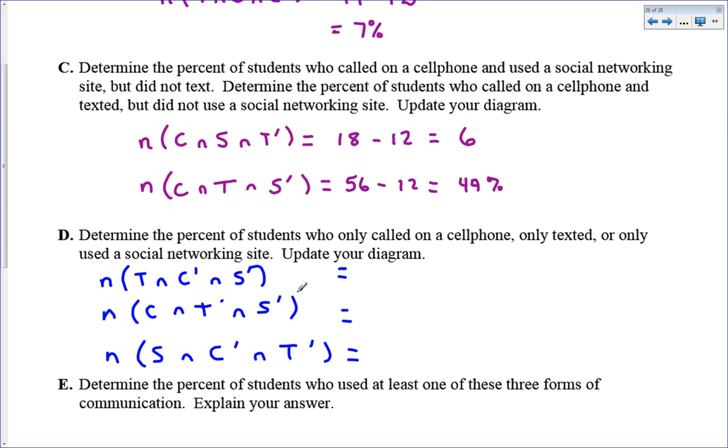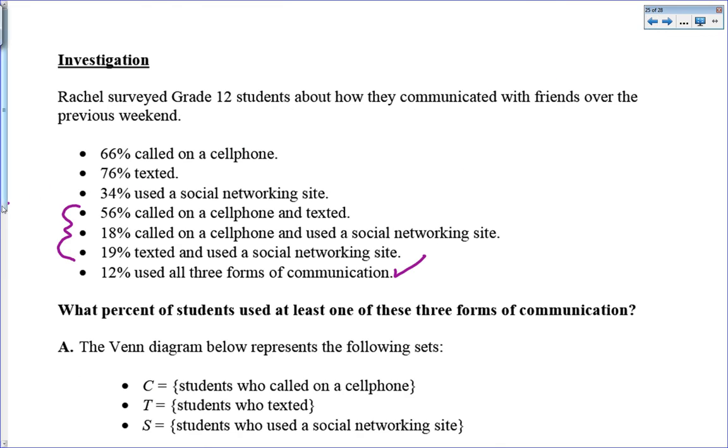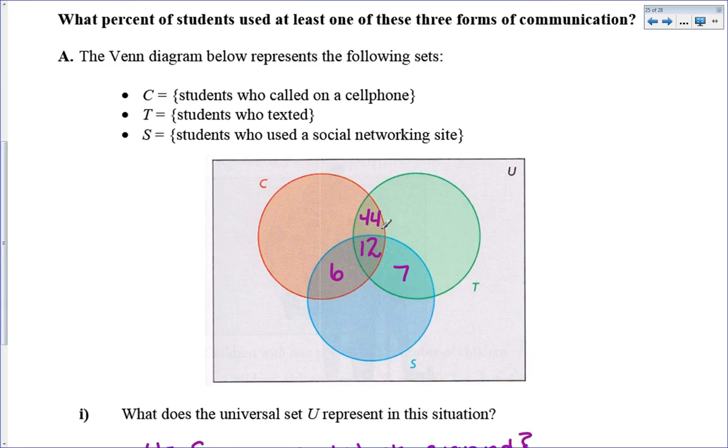So basically what we have to do is look at the total number who did each. 66 called on a cell phone, so I'm going to put 66 here for the cell phone, going in the order it's on there. But we have to subtract off everything in the other parts of the cell phone circle, so we take off the 6, the 12, and the 44.